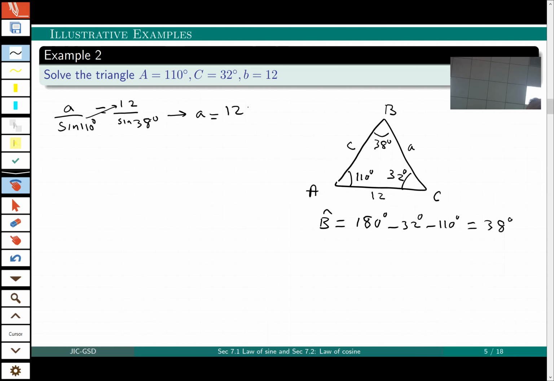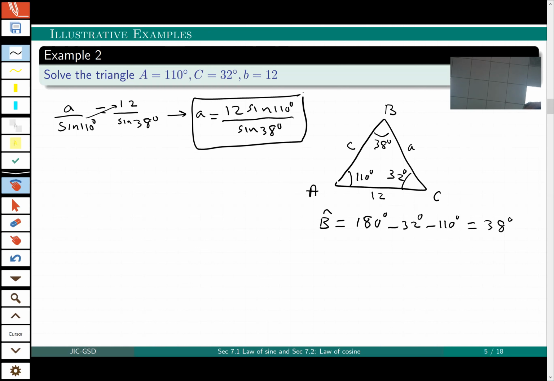So it will be 12 sine 110 divided by sine 38 degrees. That will be the side a. We cannot simplify it anymore since we don't have a calculator in the exam. Our calculator is not allowed.